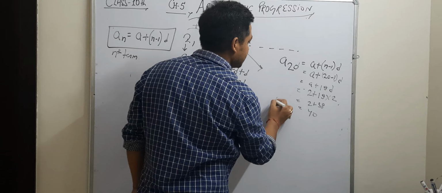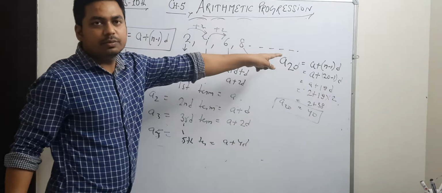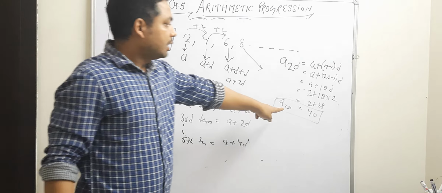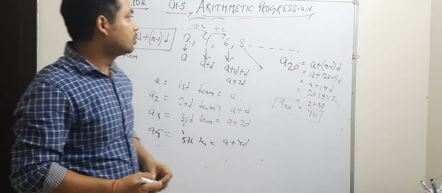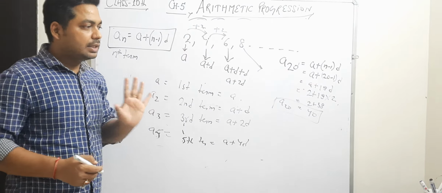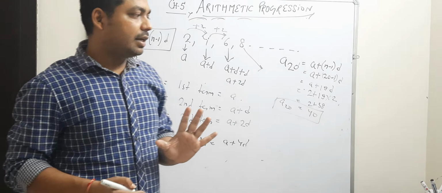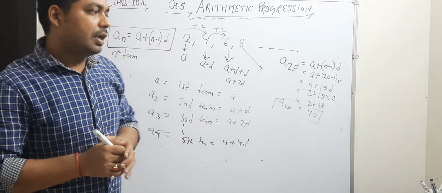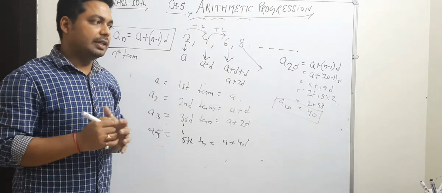So the 20th term, it means at the 20th position the value will be 40 according to this AP. So this is the way to calculate the nth term of any AP.